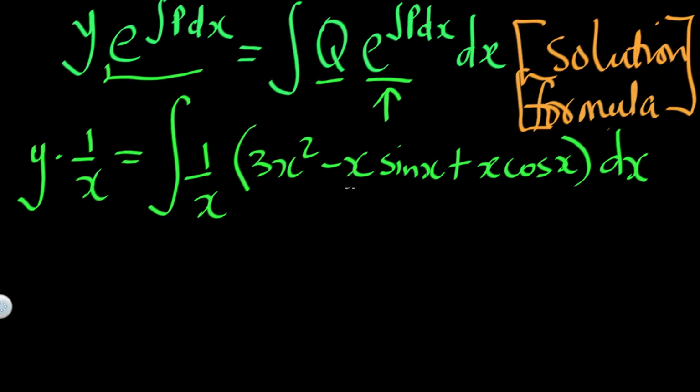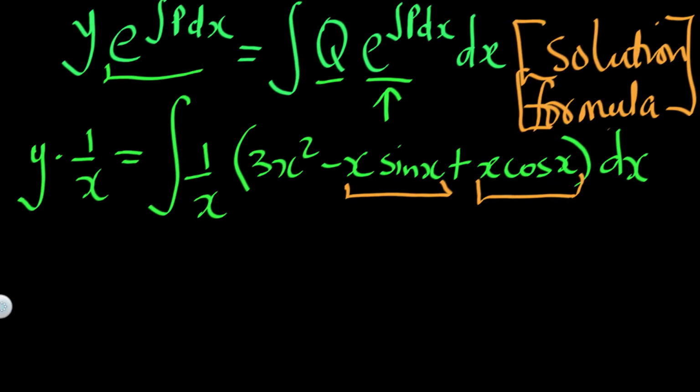If you look at this term and this other term, you cannot integrate them unless you use integration by parts, which makes the question very difficult. However, because you are multiplying everything in the brackets by 1 over x, it is going to simplify all these terms there in the brackets.